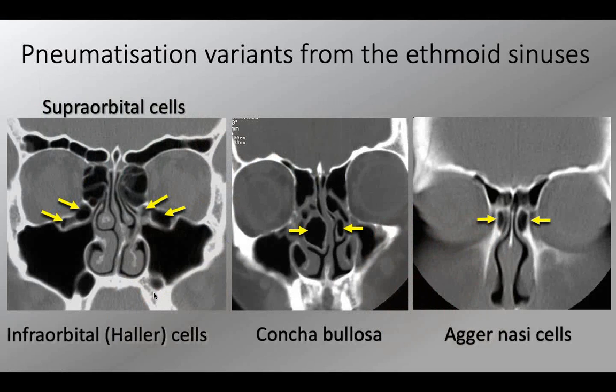We're going to some pneumatization variants of the ethmoid sinuses. The most common is the infraorbital cells. These are cells that the surgeon cannot see through endoscopy, and they also cause the uncinate process to be dislocated medially, and the ethmoid infundibulum is quite narrow.